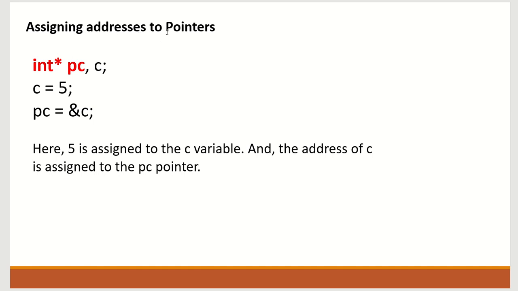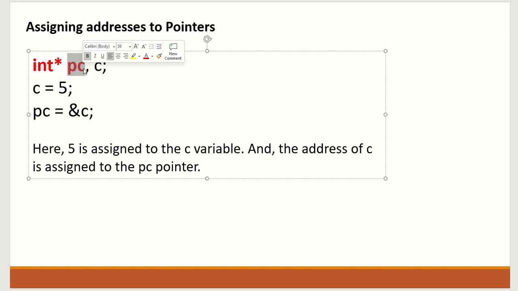Assigning addresses to the pointers. So int asterisk pc, this is your pointer variable, and c is the normal variable. So c is equal to 5 semicolon. Now pointer variable pc, that is the name given, pc equal to ampersand c and semicolon.